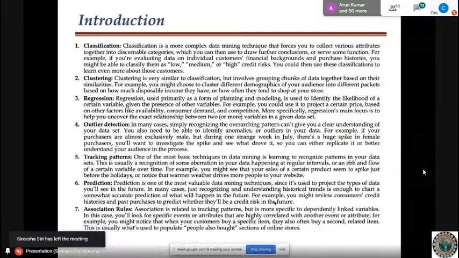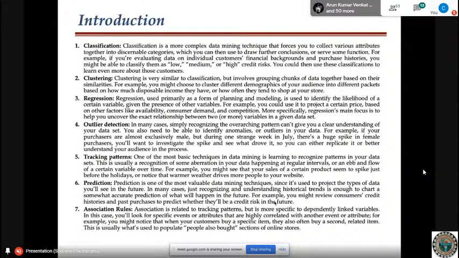Suppose there is a product. Sales of a certain product seem to spike just before the holidays, or you notice warm weather drives more people to you. Suppose we have festival seasons. During festival seasons, shopping will spike.